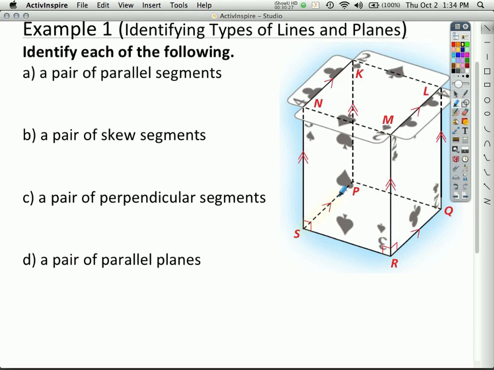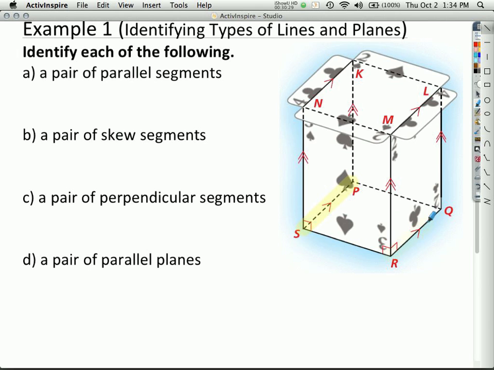Segment SP and segment RQ. Clearly indicated right there. Kamoy? Segment PK and what? Segment QL right here. Absolutely.